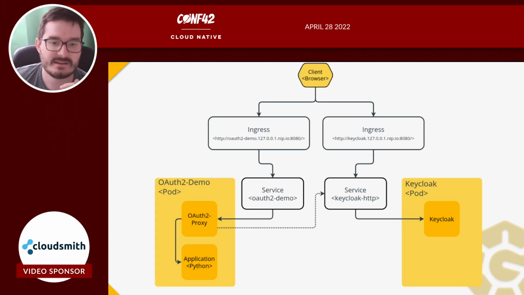That means that each and every request that comes through my ingress is first authorized by the OAuth 2 proxy, and only authorized requests are passed through to my Python backend application.